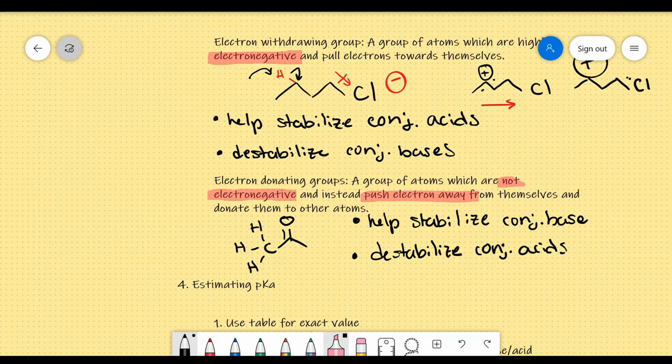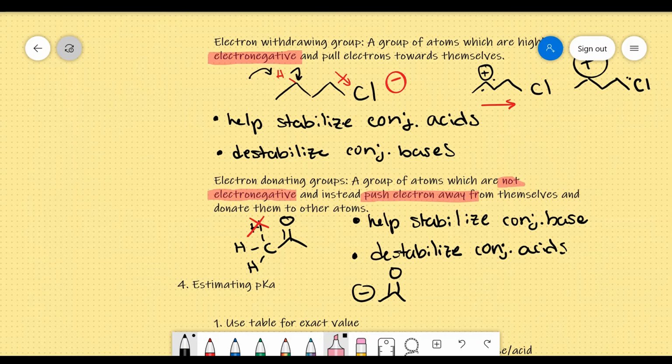Now, why is this? Let's look over here at this atom that I've drawn, and let's imagine that we lose a hydrogen here. We're acting like this hydrogen is acidic, so we're going to get this new molecule where this carbon, because it's lost a hydrogen, is now negative because it's electron rich.